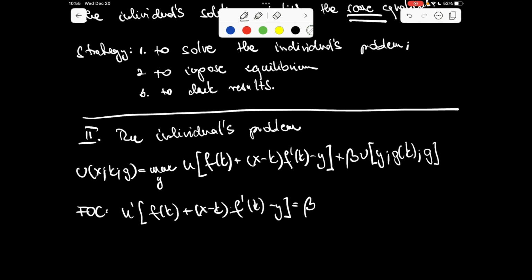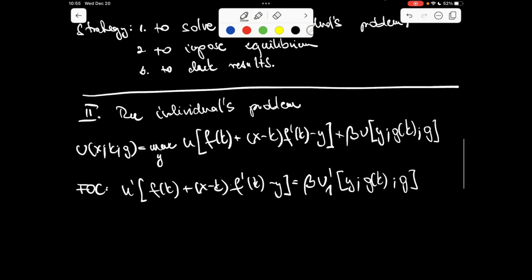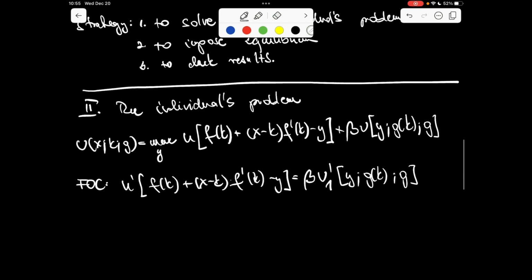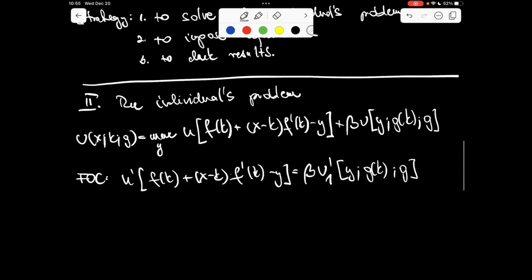And most importantly, we differentiate the value function with respect to the first variable. This is very important. We have 3 variables, so we must be specific all along. So this is the Bellman equation of the individual, and this is his first order condition.